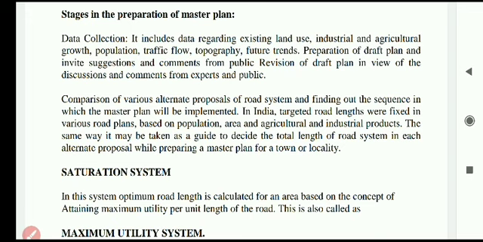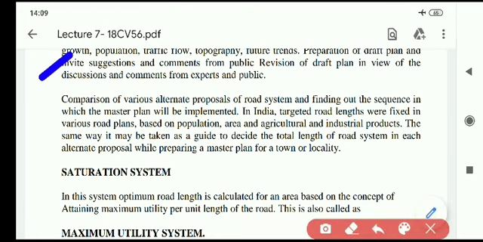Comparisons of various alternatives or proposals are done, and ultimately the best plan is implemented for the development of that particular study area or the city. So these are the different stages involved in the master plan. Okay friends, first we collect the data, later we compare the alternate proposals, and ultimately it is implemented for the development of the city.